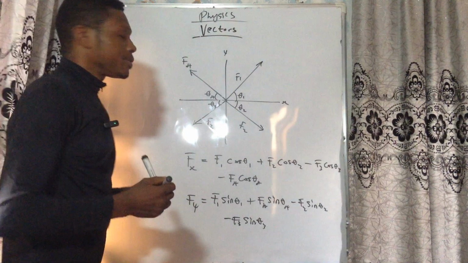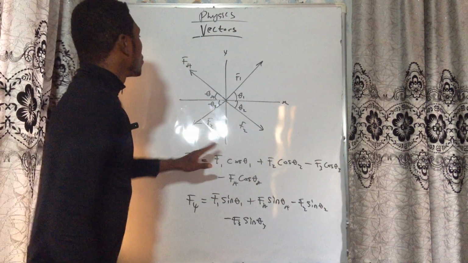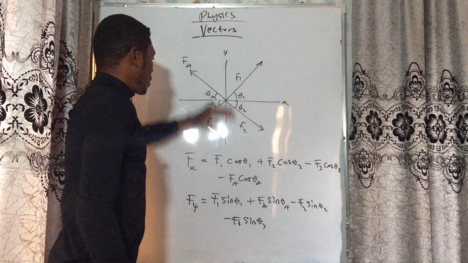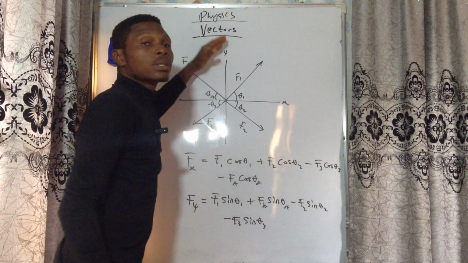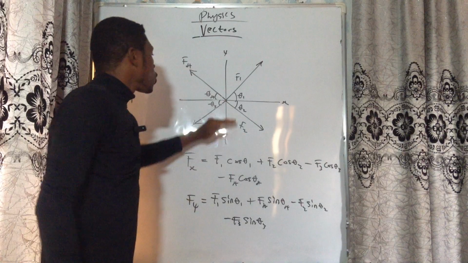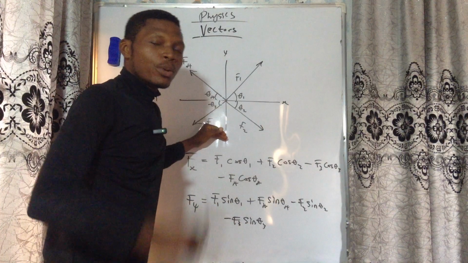You see, in this case, we are talking of up and down now. Up is the positive y-axis, down is the negative y-axis. So every force going up has a positive vertical component, while every force going down has a negative vertical component.